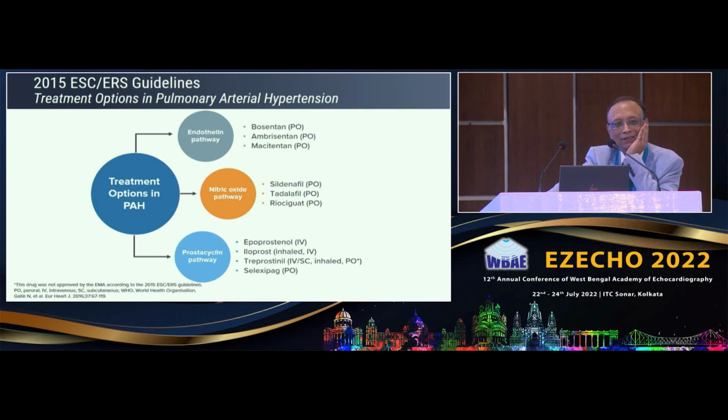In the WHO guideline, they categorically mentioned that one shouldn't mention the millimeters of mercury. You can express either the TR gradient or you should say possible or probable. But we used to see a diagnosis of mild, moderate, severe pulmonary hypertension of 50, 55, 56. There is no such echocardiographic classification or grading of PH.